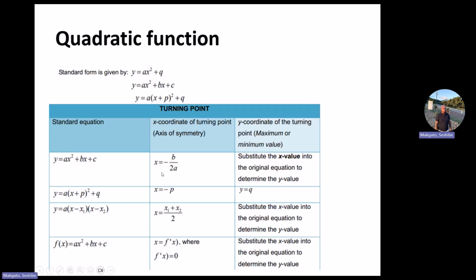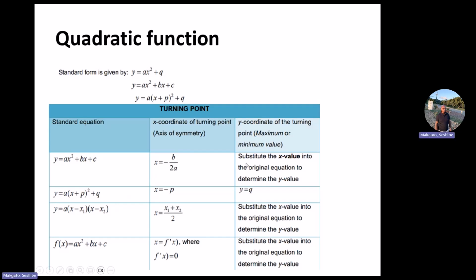So x will be equal to minus b over 2a. When b automatically becomes 0, then that will be 2 times 2, that is 4, so that will be 0.